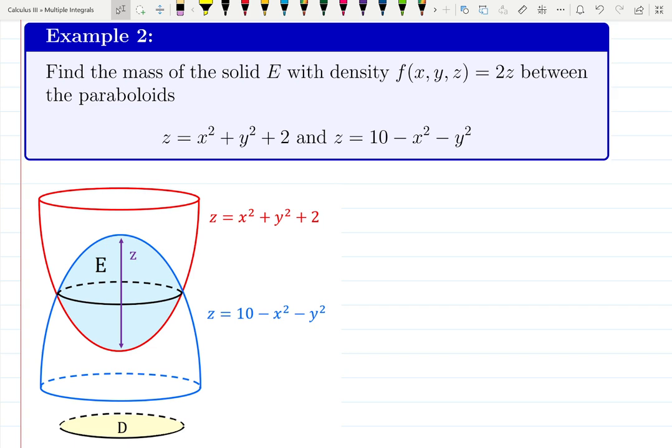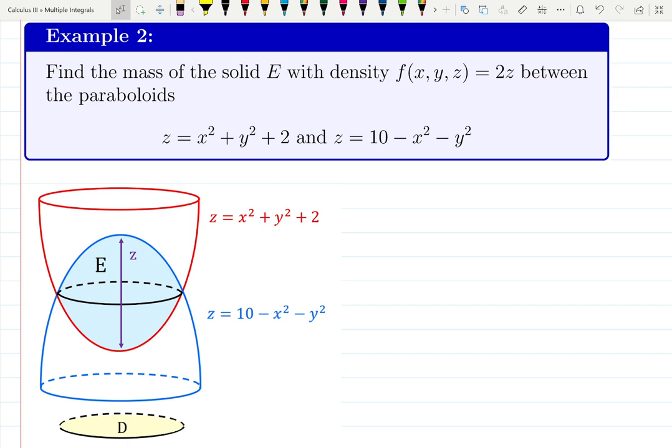So 2z is in 4 dimensions. You don't imagine this object, but it has a density, and then you want to know how heavy this solid will be. E is a 3-dimensional object with the density function given. We're finding a mass, not a shadow. It's an interesting question.